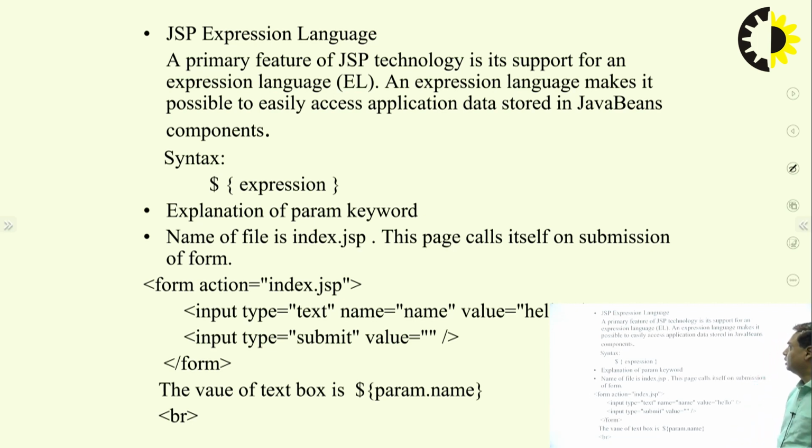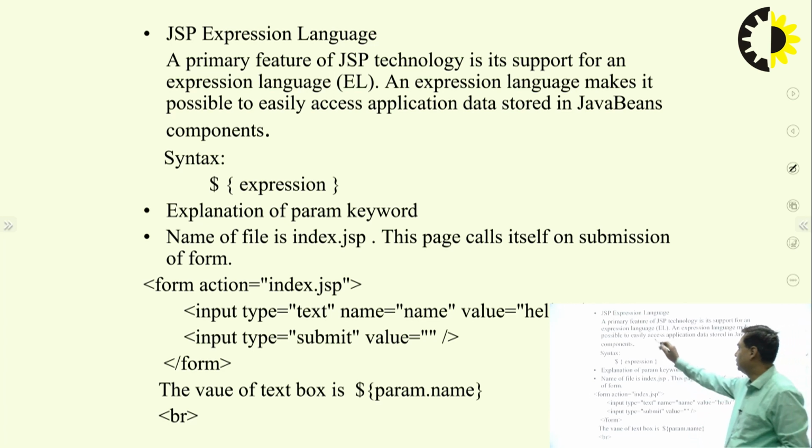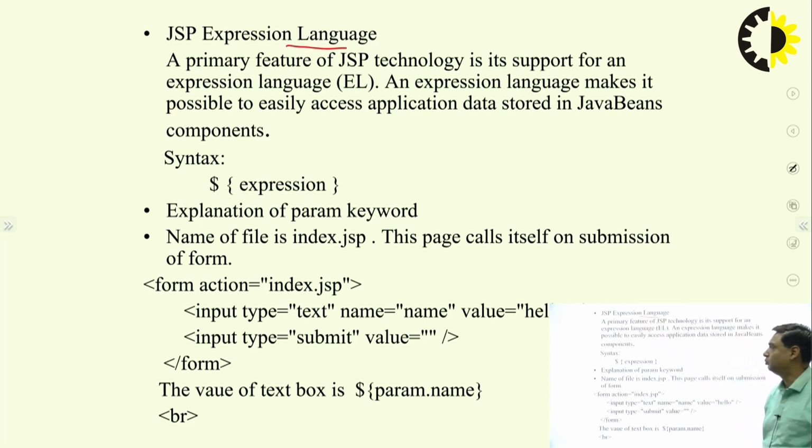Now a very important part, if you are going for JSP web development, one of the concepts is to use the JSP expression language. It is very important. It is a shortcut for some of the JSP statements. So, we will look at it.